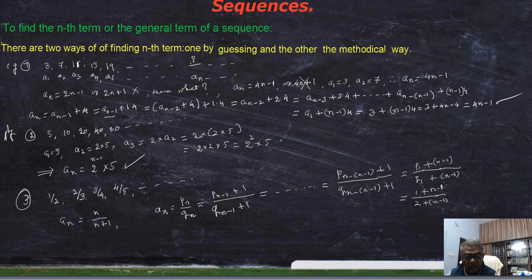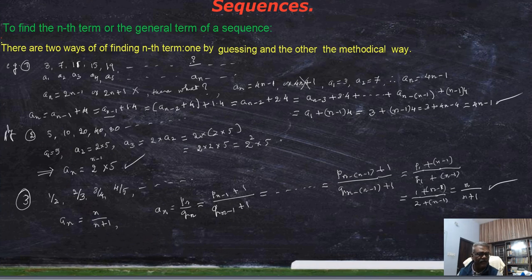Now observe, 1 plus n minus 1 means n, divided by n minus 1 plus 2 is n plus 1.